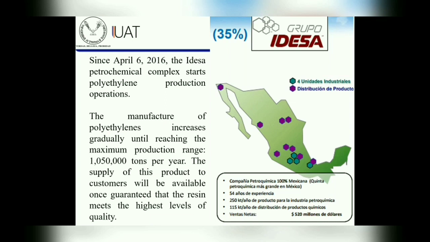Grupo IDESA distributes its product to Baja California, Sinaloa, Jalisco, Coahuila, Nuevo León, Zacatecas, San Luis Potosí, and Hidalgo, among others. This company is 100% Mexican, and it's located in Coatzacoalcos, Veracruz, Mexico.